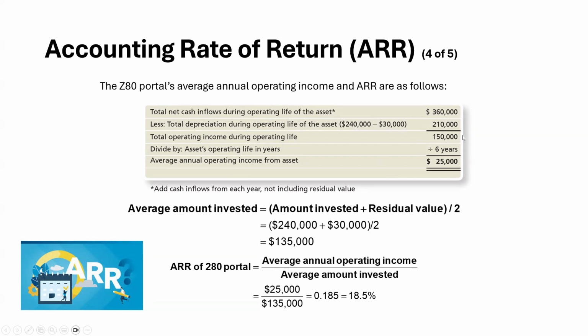So the total operating income during the operating life is $150,000, subtracting the 210 from the 360. Then you divide that amount by the asset's operating life of 6 years, and you get an average annual operating income from the asset of $25,000.